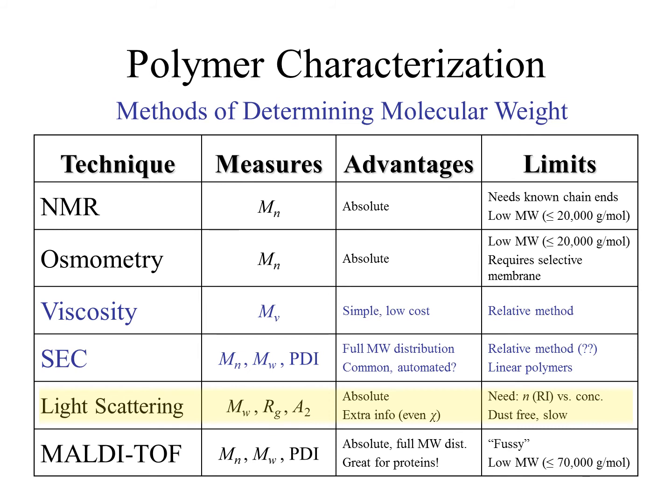However, as long as you know the relationship between the concentration of mers and the refractive index, light scattering can be used as an effective method for measuring not just the weight average molecular weight, but also the radius of gyration, which we will cover in upcoming slides, and other parameters such as A sub 2 and chi. These are definitely beyond the scope of this course, so we'll just stick with M sub W and R sub G for now.